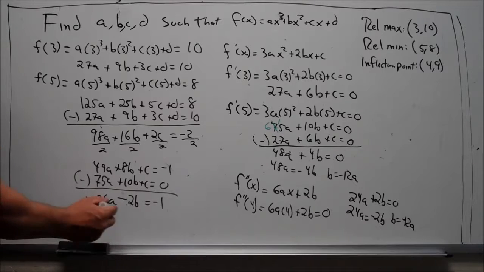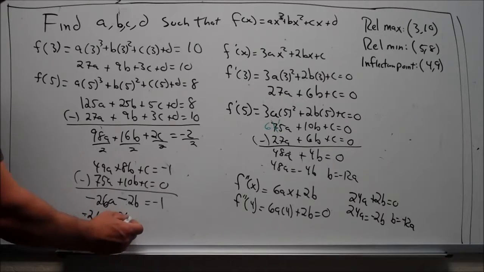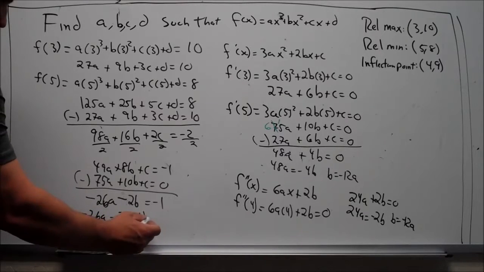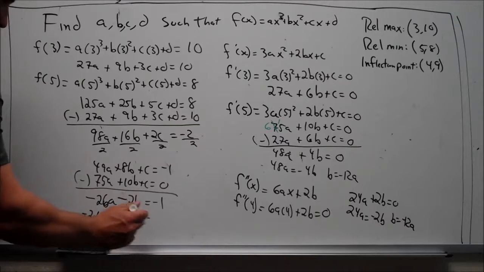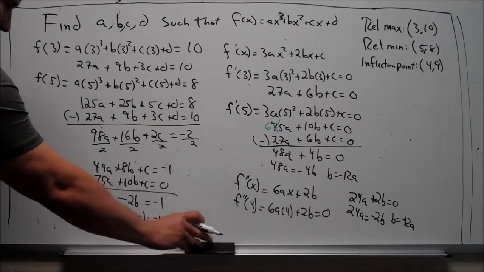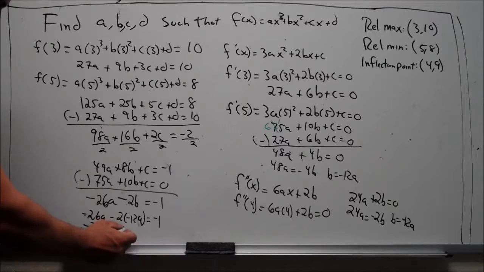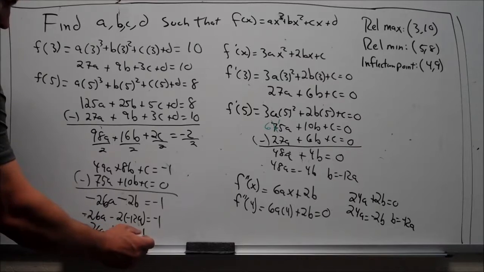So if I plug in that b equals negative 12a, I have negative 26a minus 2 times negative 12a, substituting, equals negative 1. So that negative 26a plus 24a equals negative 1.